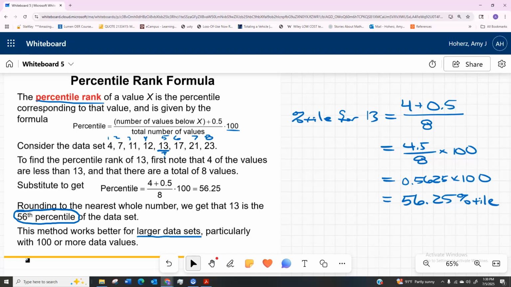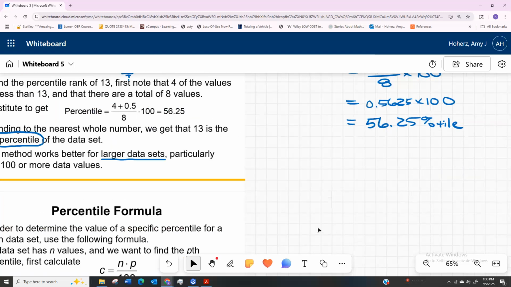When you have a small data set, comparing that to 100 seems a little strange. But if you have hundreds or thousands and you want to bring it down to a more readable or understandable level, comparing it to 100 makes a lot more sense. But for the sake of being able to do this work, we've got this small data set. And that's the exact same thing that they would do with the large data set. They do that same computation.